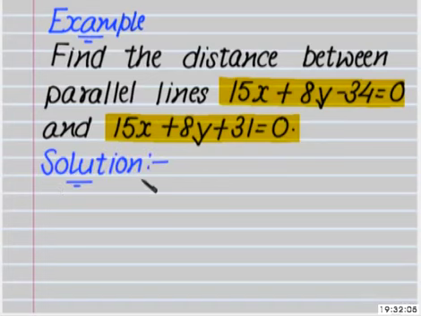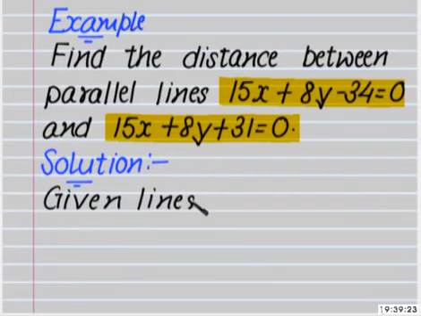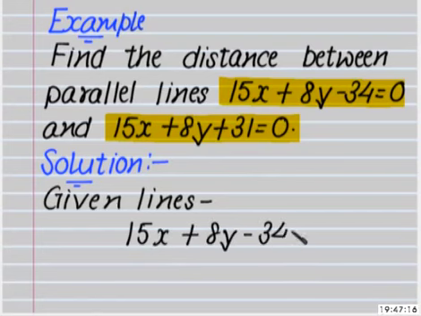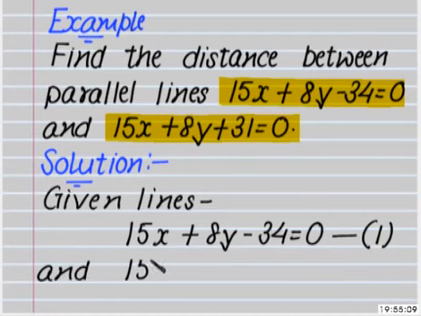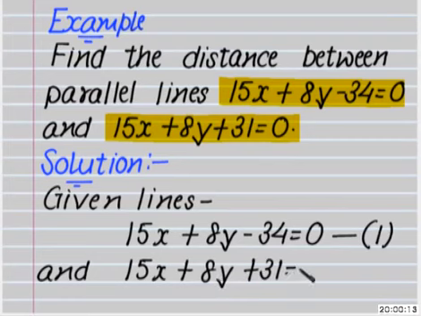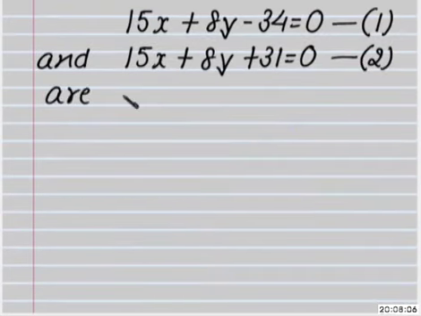Now its solution: given lines, 15x plus 8y minus 34 equal to 0, let it be equation number 1, and 15x plus 8y plus 31 is equal to 0, let it be equation number 2, are parallel.